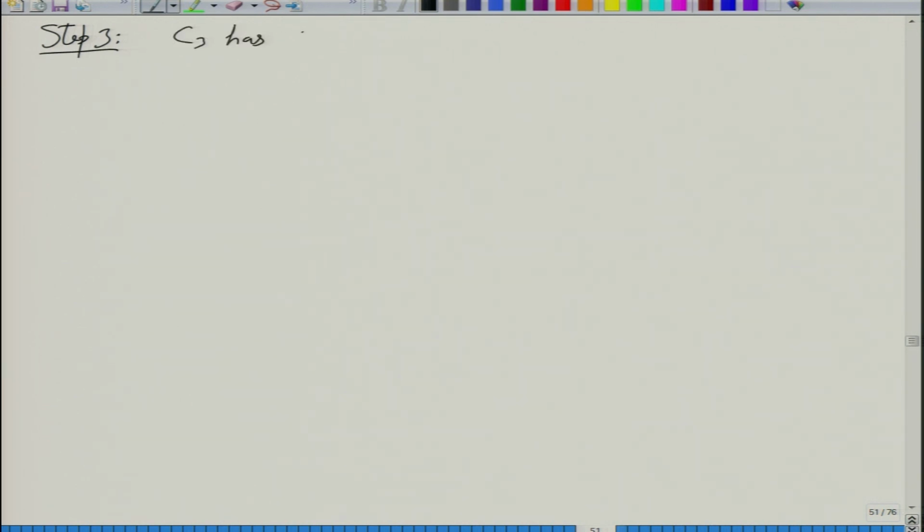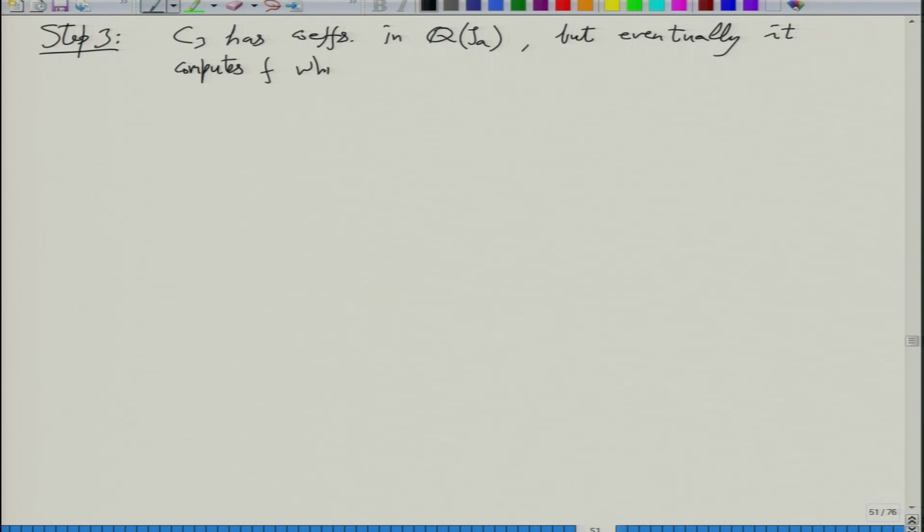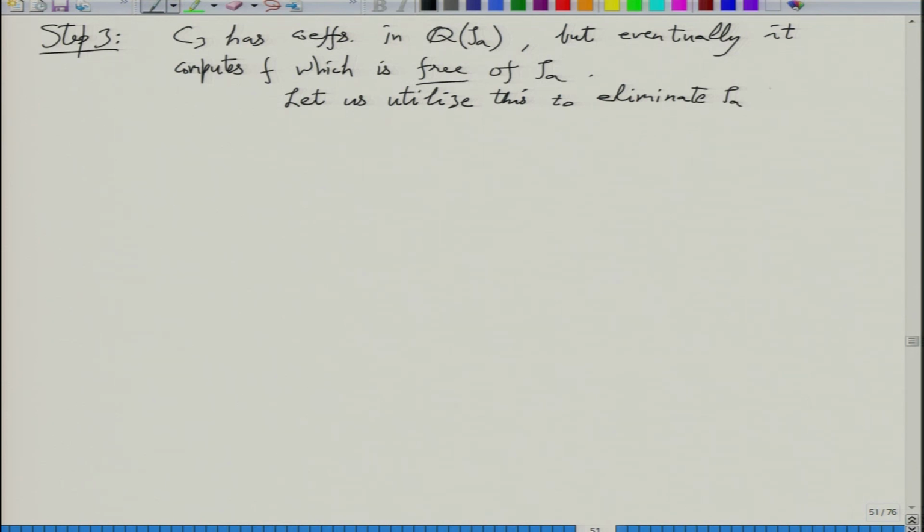So C3 has coefficients in the number field Q zeta A. But eventually it computes F, which is free of zeta A. Right, so let us utilize this to eliminate zeta A from C3.